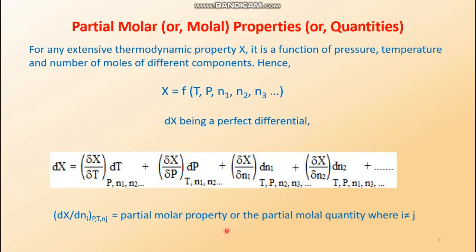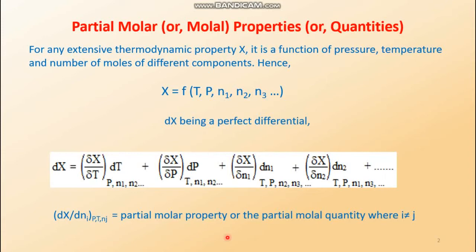That means the rate of change in that thermodynamic property, it may be Gibbs free energy, enthalpy, or entropy, whatever it is. According to that, its name will also change. Suppose it is Gibbs free energy, then it is partial molar free energy, or partial molal free energy. Both the molar and molal terms you can use here.